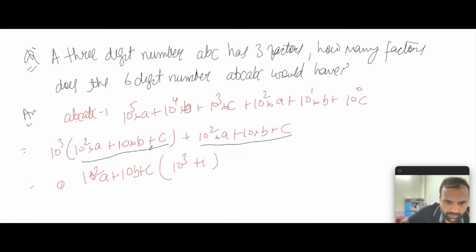If we take this part common, this is what we get: 10 square A plus 10B plus C, times 1000 plus 1.